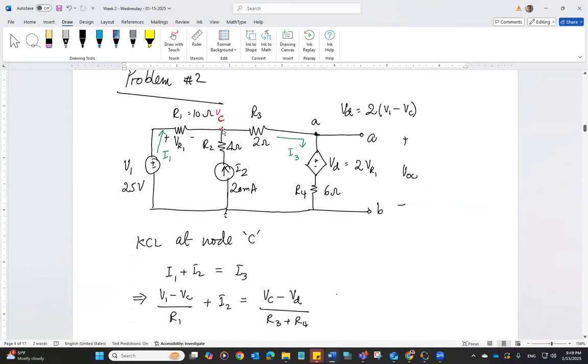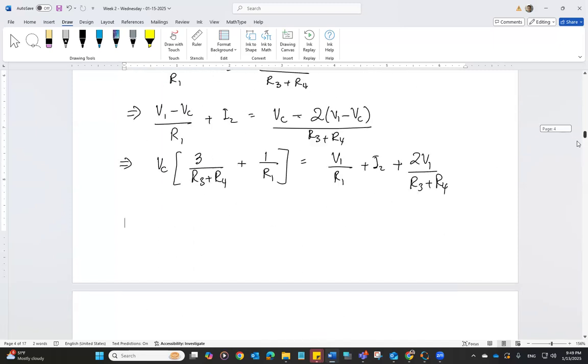Okay, we have VC. So we can calculate VD, which is 2V1 minus VC. And we know I3 is VC minus VD over R3 plus R4, because we do need the value of I3 in order to calculate the node voltage A. So first calculate I3.